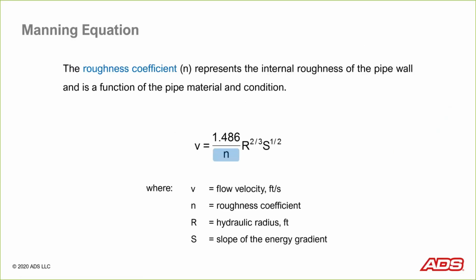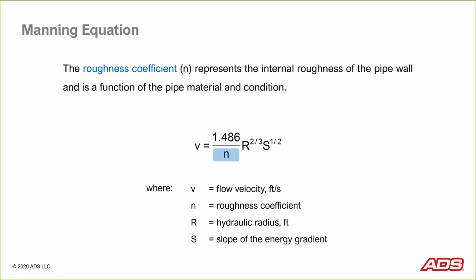Let's talk about the roughness coefficient. So the roughness coefficient represents the internal roughness of the pipe wall, and it's a function of the pipe material and condition. And if you look at this in this equation here, the roughness coefficient is referred to as N. If the roughness goes up, as you might intuitively expect, it's harder for water to get through that pipe.